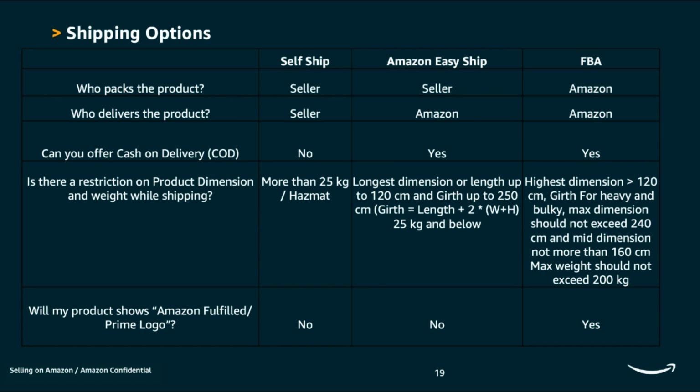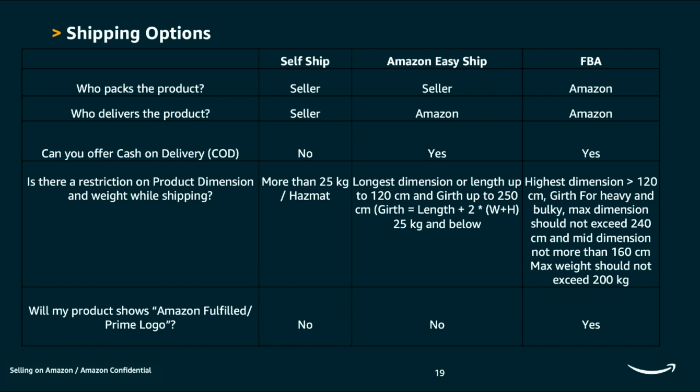For Amazon Easy Ship and FBA, it's going to be Amazon, but for self-ship, it's going to be the seller. Can you offer COD or cash on delivery? For Amazon Easy Ship and FBA, you can offer COD or card payment, but in self-ship, it's always only card payment. You cannot offer COD for security purposes.